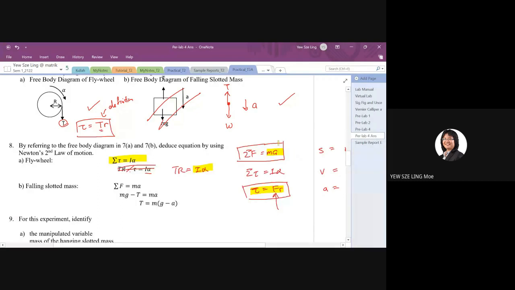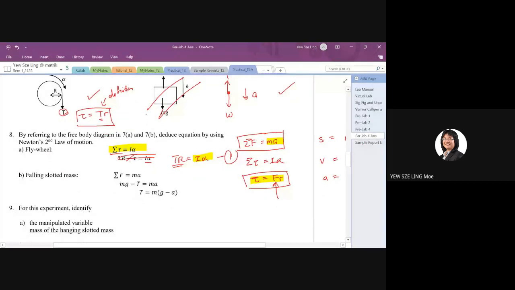Then we expand the left-hand side, the summation of torque. We try to look for the force that generates torque in our object. In our diagram, T is the force that generates torque. Therefore, I use TR on the left-hand side. So TR equals to I alpha. That is our first equation.